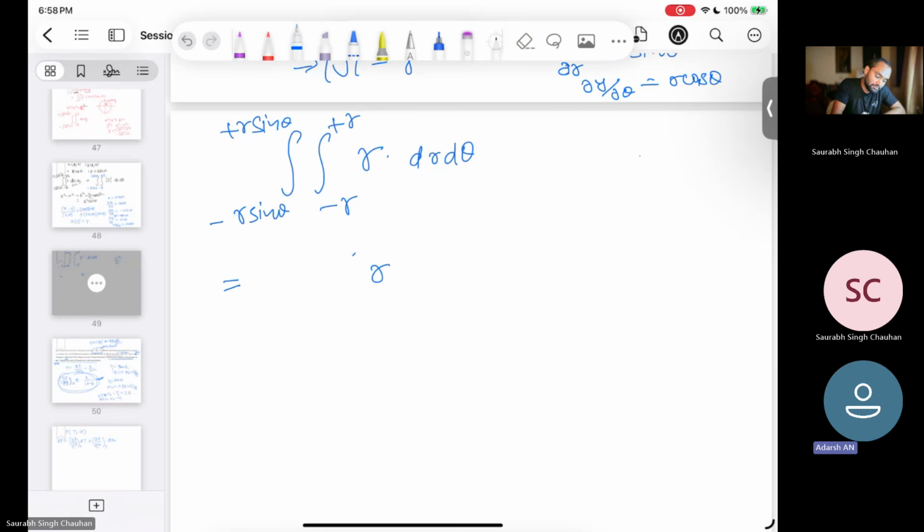Now you have to integrate with respect to theta, with the limits. It will be r square into 2 times r sin theta. Correct or not? I don't know.